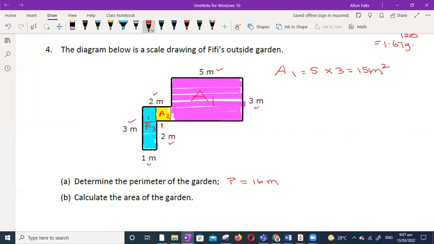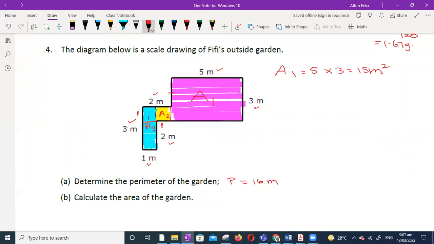How do we calculate this piece here? We don't have this distance here, but we have this one is 3, so this one will be 1.